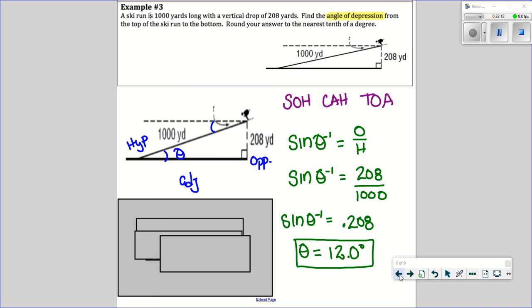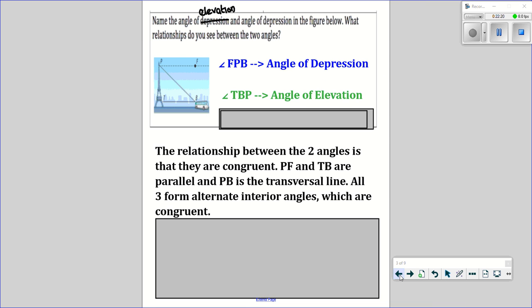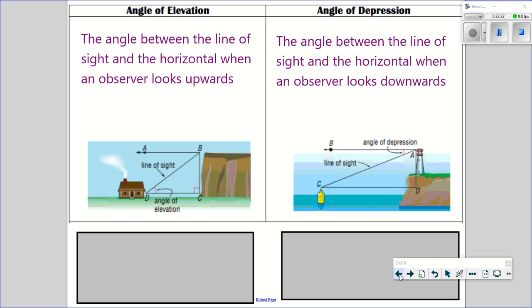So going back as a recap, we learned about angle of depression and angle of elevation. Angle of elevation happens when your sight line is looking up at the top of an object. And then when it's angle of depression, you are looking down at the top of an object from an upper view.